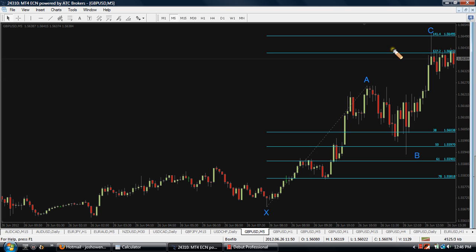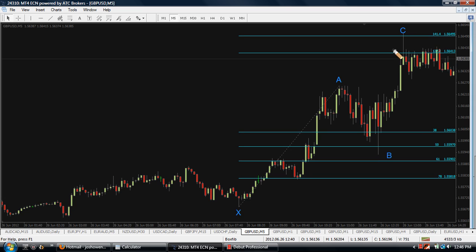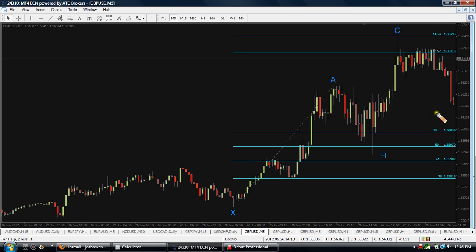It can touch the 141, but it cannot close above the 141. And as you can see, as we move forward here, price kept retesting this 127, but it never closed above the 141. And now price should be moving back towards the retrace zone.